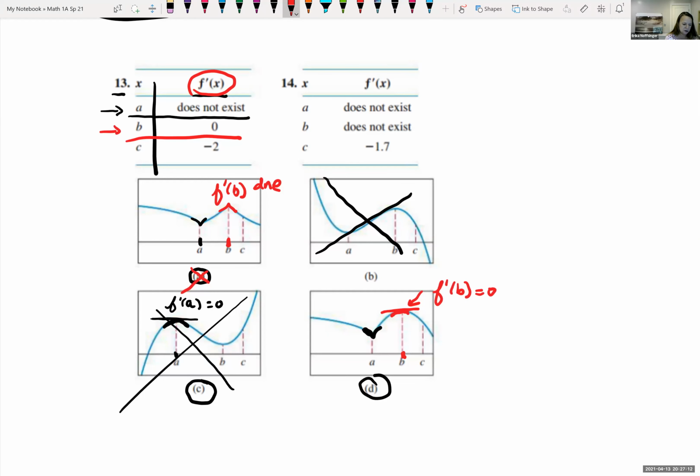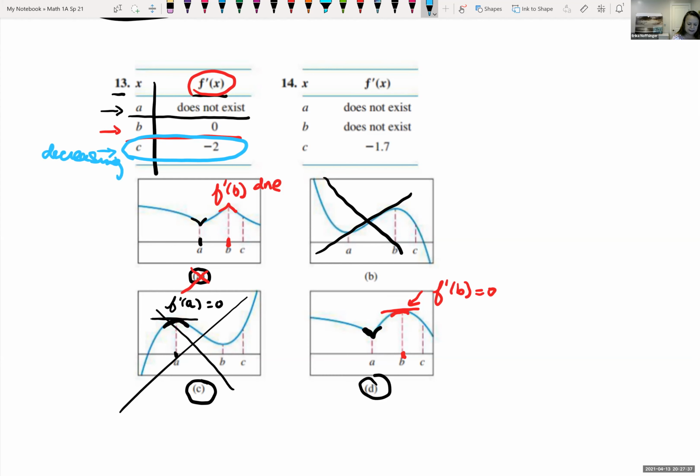I will just make sure that the last condition held. And so when x is c, it says my derivative is -2. So that tells me that my graph at x equals c, my slope is negative. My slope is negative, then I know that my graph is decreasing there.